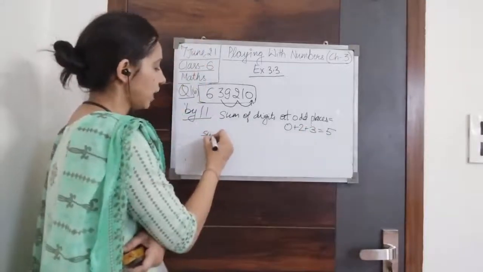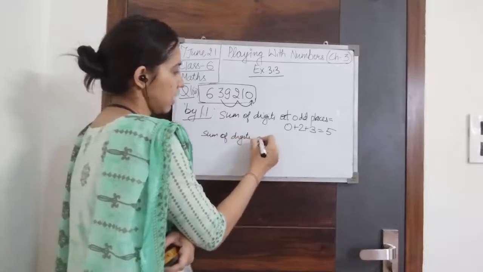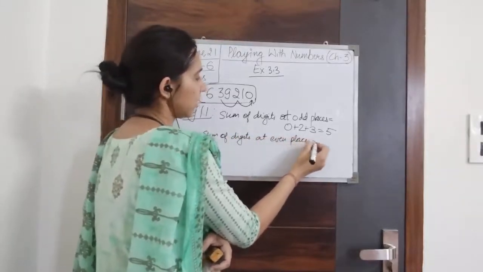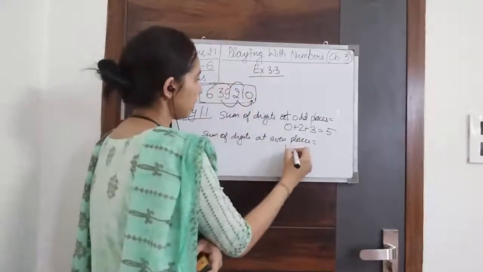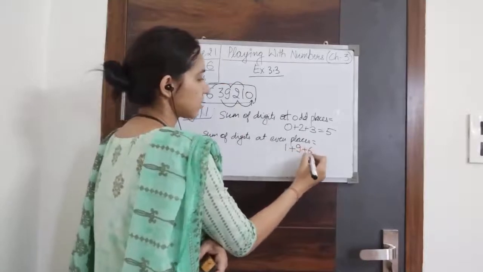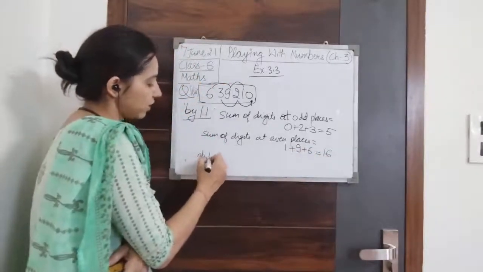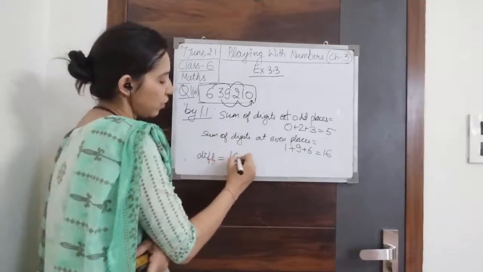Now we will find the sum of digits at even places. It will be 1, 9 and 6. 1 plus 9 plus 6 will be 16. Now we have to find the difference of these two. It will be 16 minus 5.